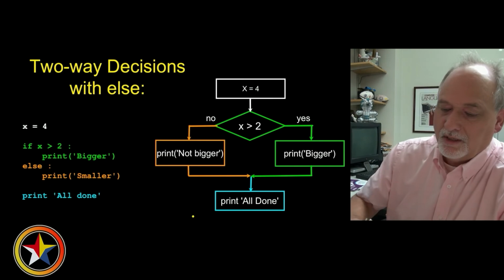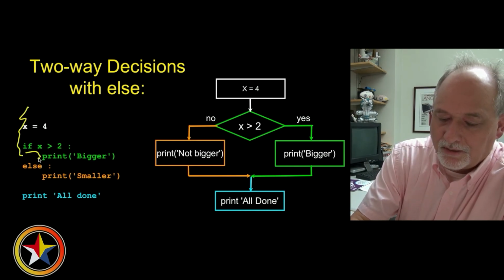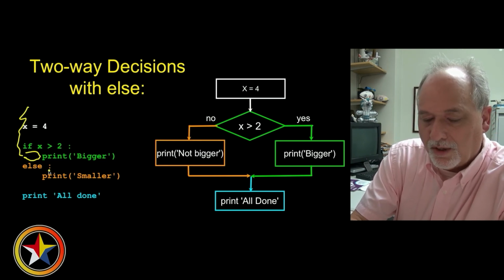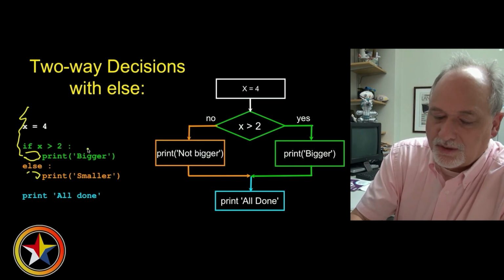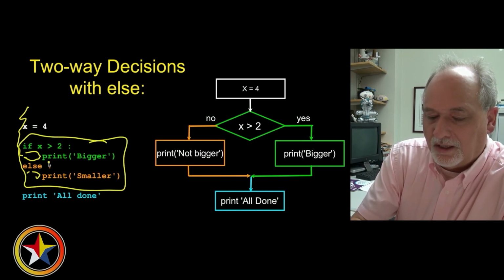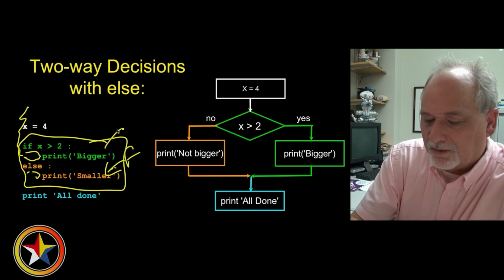If then else, and so the first part is a normal if with an indent, and then we de-indent, and then this is another reserved word, else, with a colon, and then we re-indent. So this ends up being part of a whole block here, and the else is the part that runs if it's false, and this is the part that runs if it's true.